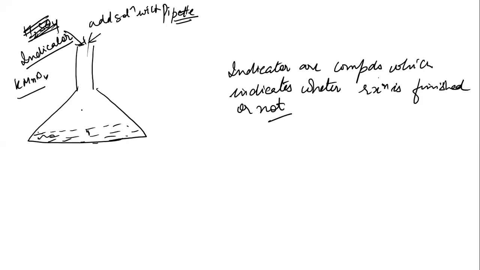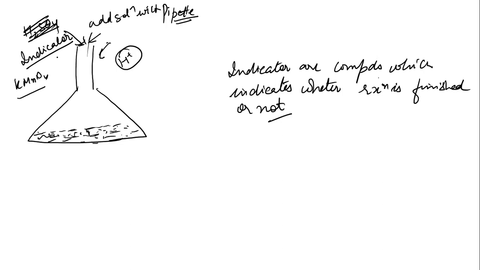After some time, this whole solution will be a little bit of some other color. A very minute little color is observed in the solution. Now if you add one drop of H+ ion into this, it will again come back to KMnO4, or you can say it will again come back to the indicator. Is that point clear?